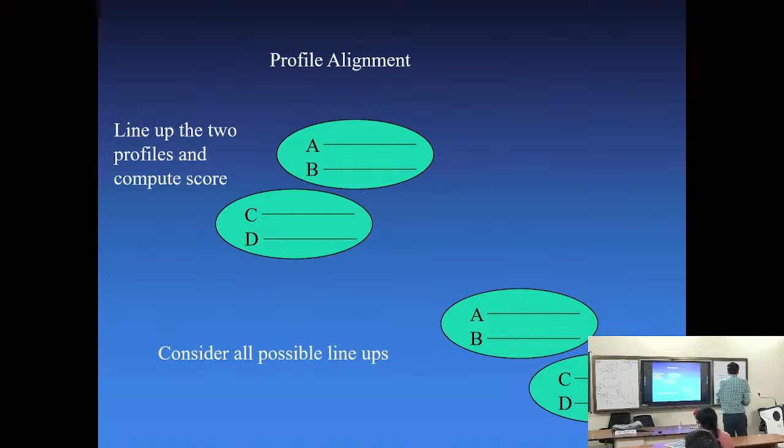So let's consider this lineup and consider all these columns. Okay, this is one column, and when you score this column, you have to consider all possible pairs of the residues that are aligned in this column, right? This residue aligned with this, what is the score for this? This residue aligned with this, the score for this, and you have to sum them up.